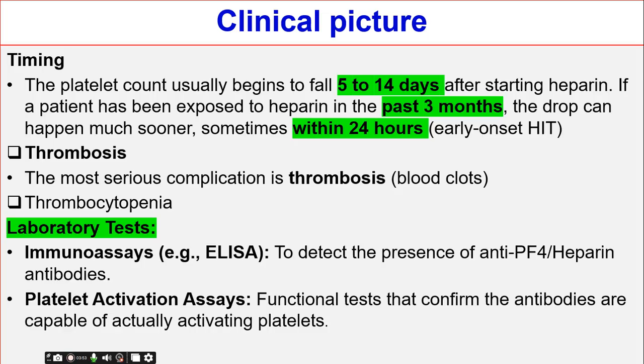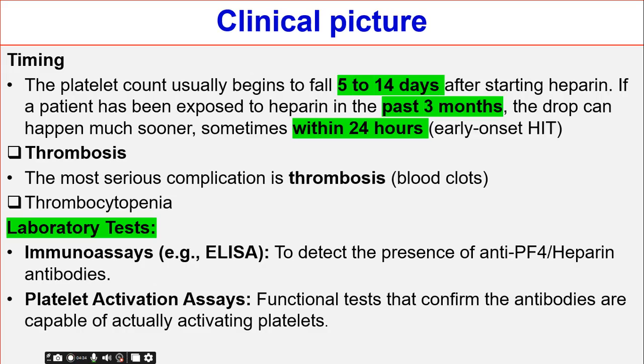When we start to diagnose this patient, how do we suspect it? When we follow up a patient in the ICU or CCU, and this patient is on therapeutic or prophylactic heparin, the timing of HIT depends on the previous exposure to heparin. I mean that if the patient was exposed to heparin in the past 3 months, early HIT can occur, with onset around 24 hours, and we call this early onset HIT.